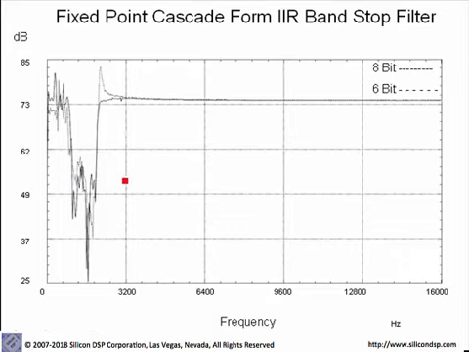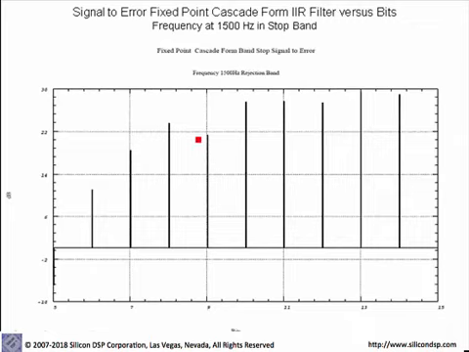However, it is very important to look at the signal to error ratio, which is plotted here, and we see that beyond 8 bits, at 9 bits and 10 bits, we basically cannot improve the filter performance anymore due to rounding, for example after the accumulation in each biquad section, and of course quantization of the input itself.